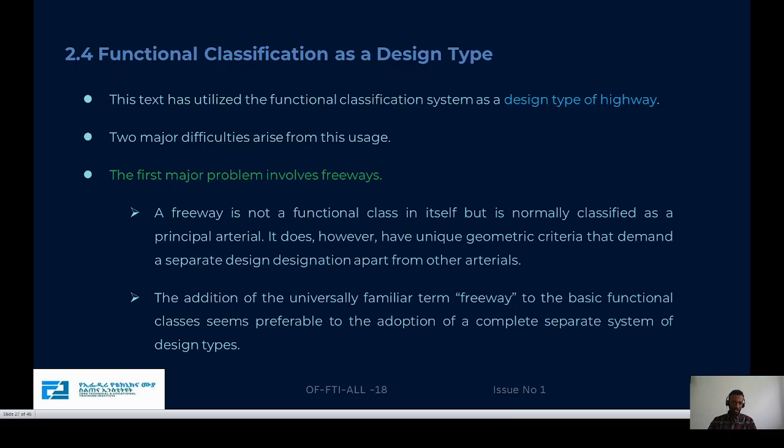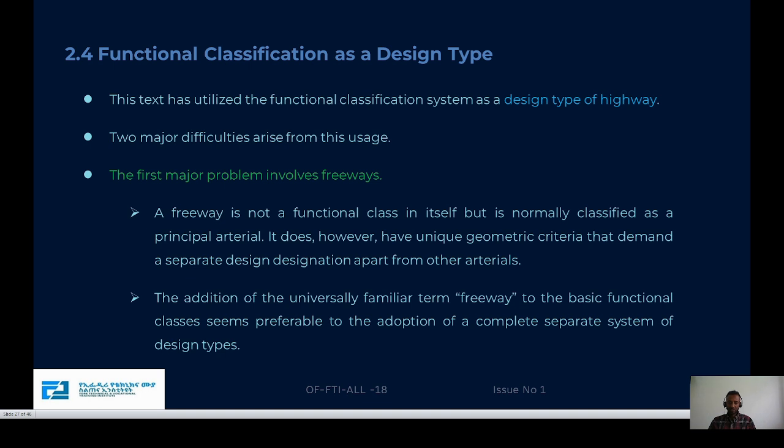The functional classification is also used for the design type. This text utilizes the functional classification system as a design type of highway. Two major difficulties arise from this usage. The first major problem is related to the freeway.